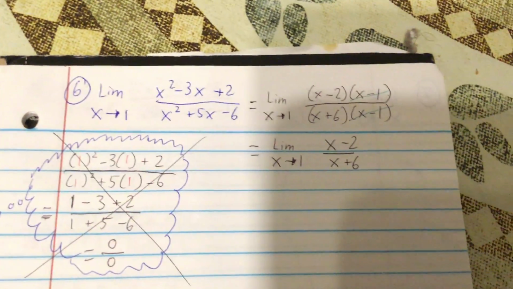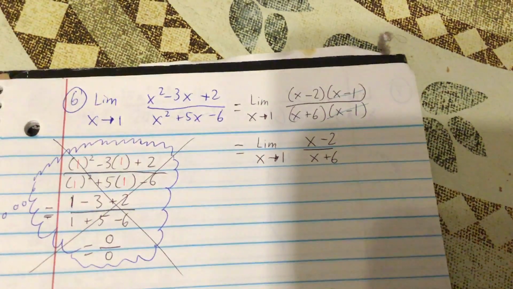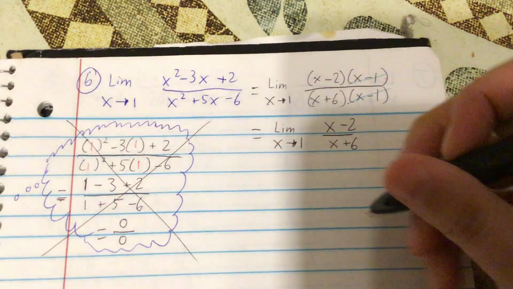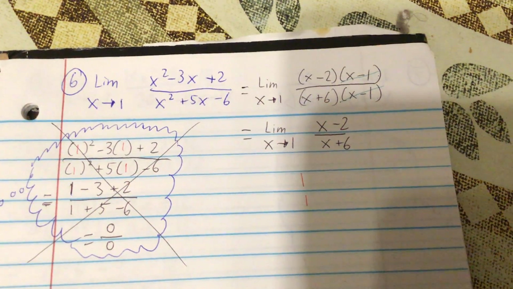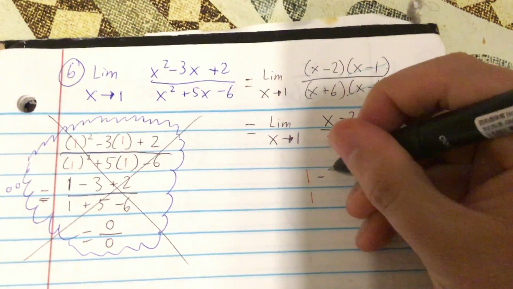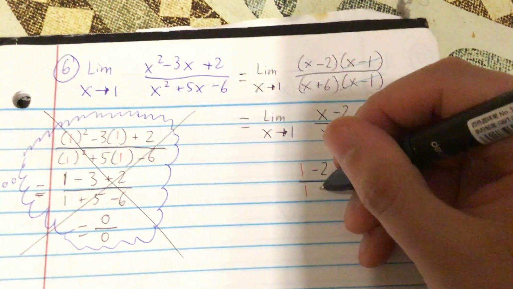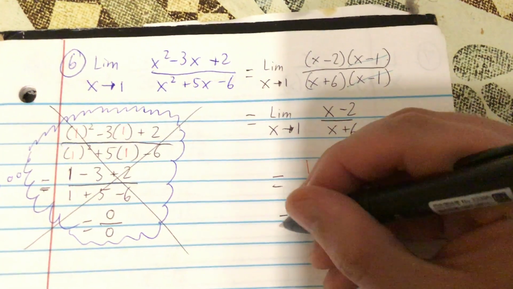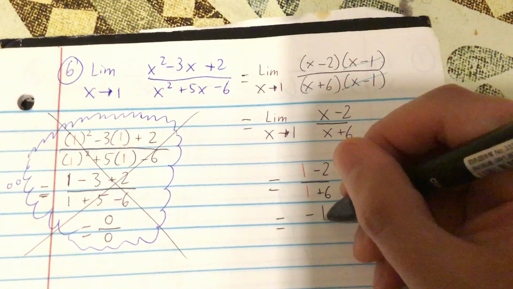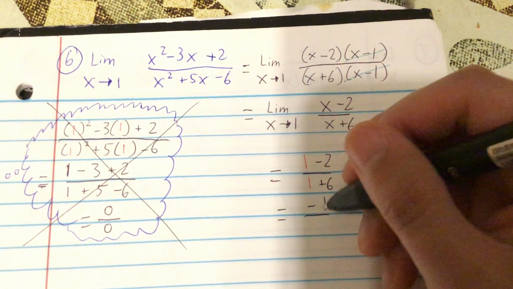Now is it okay for me to plug in x equals 1? Yep. So I'm going to plug in x equals 1. So then I get 1 minus 2 over 1 plus 6. 1 minus 2 is negative 1. And 1 plus 6 is 7.